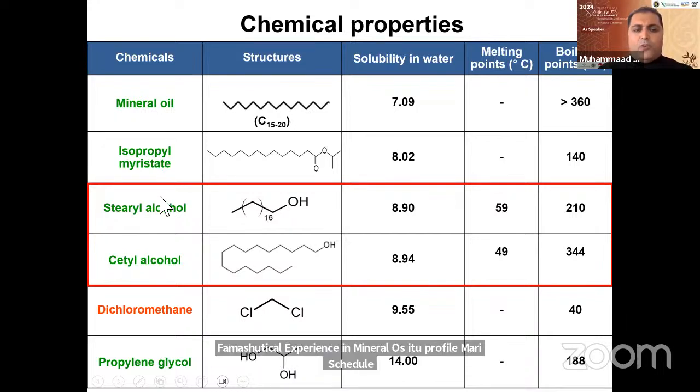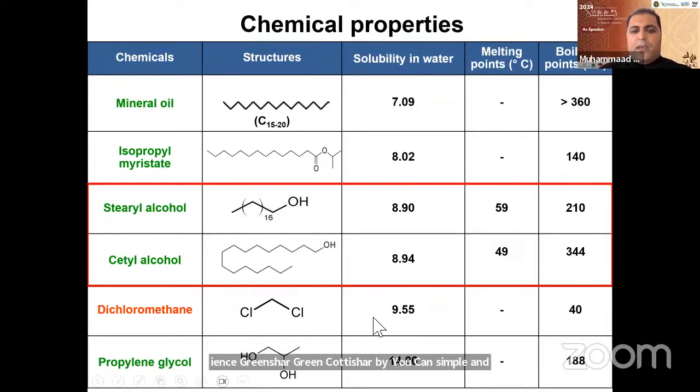So these can be known as green solvents because these are bioconsumable and green. And if you compare cetyl and stearyl alcohol, you can see that the solubility in water of dichloromethane is almost similar to stearyl alcohol and cetyl alcohol.